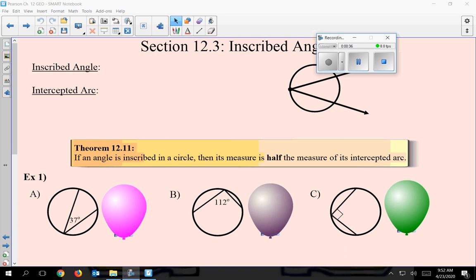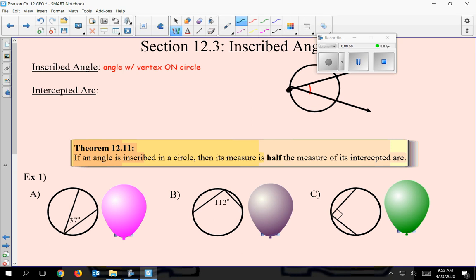So you've got two definitions up here at the top. One's an inscribed angle, and that is an angle with the vertex on the circle. If we use this picture over here, the vertex is on the circle, and it creates an angle. So it created an angle, but its vertex is on the circle, okay?